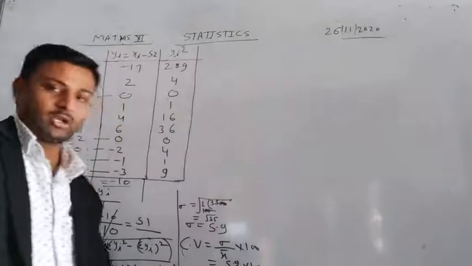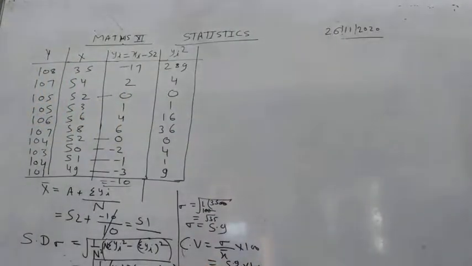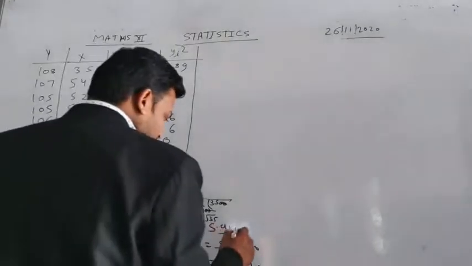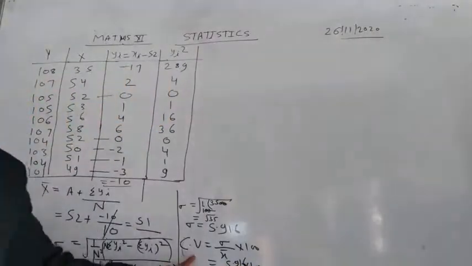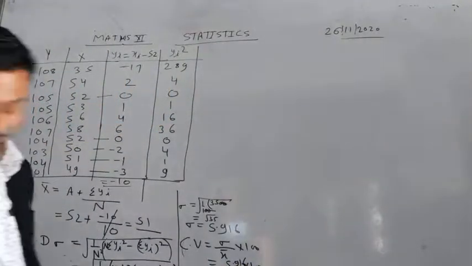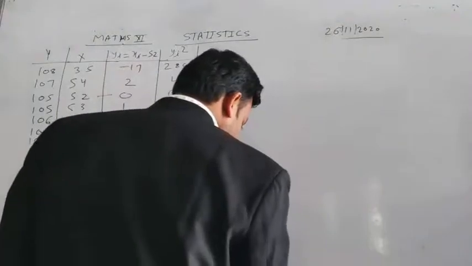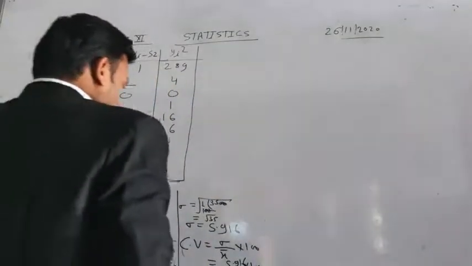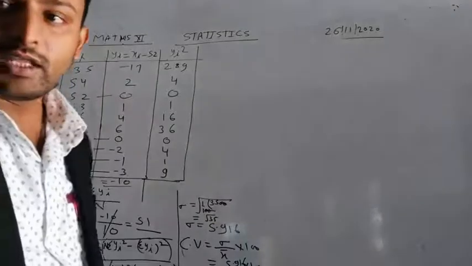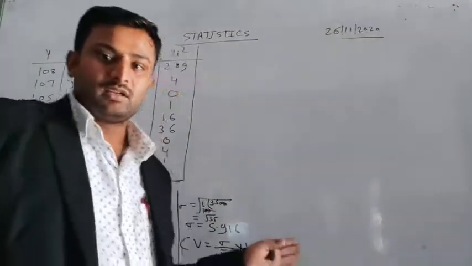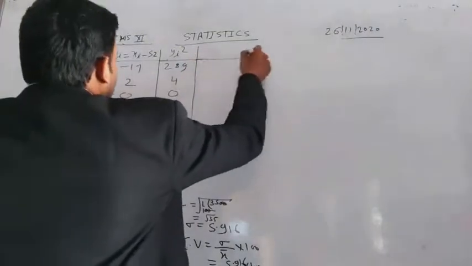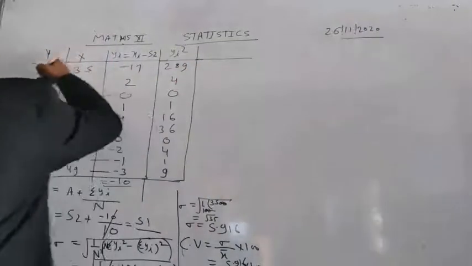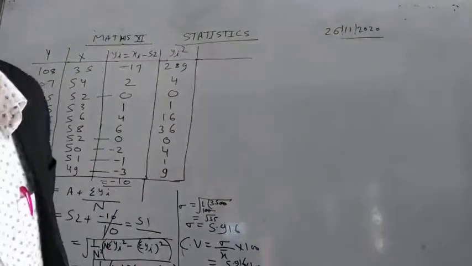After solving this, we get 5.916 by 51 into 100, and our coefficient of variation is near about 11.6. Now, this is the coefficient of variation for share X. And now we will find the coefficient of variation for share Y.